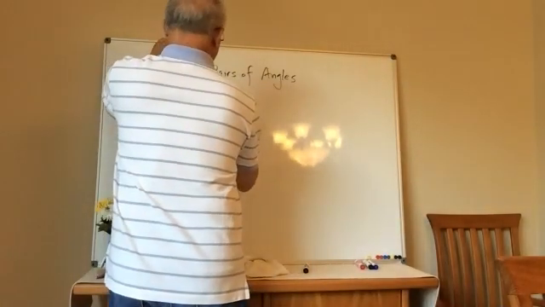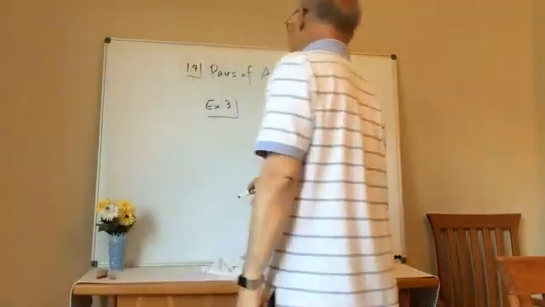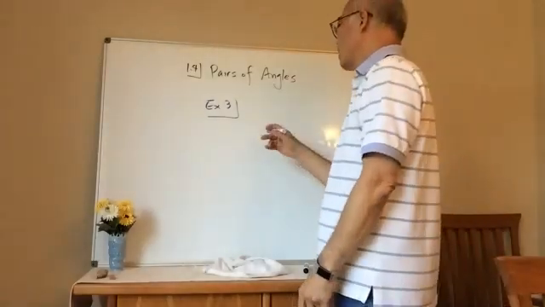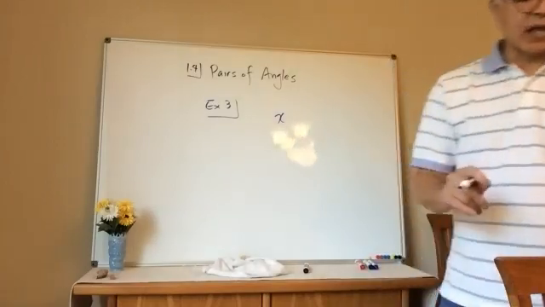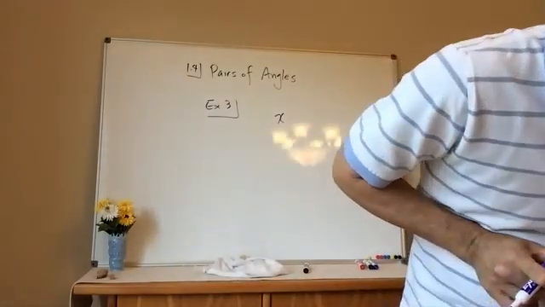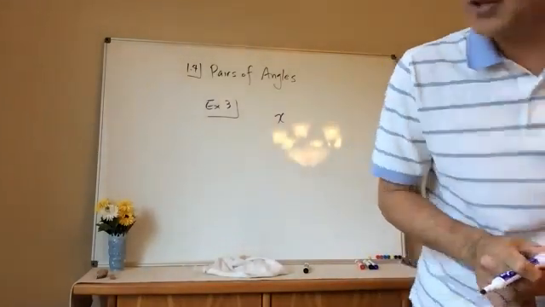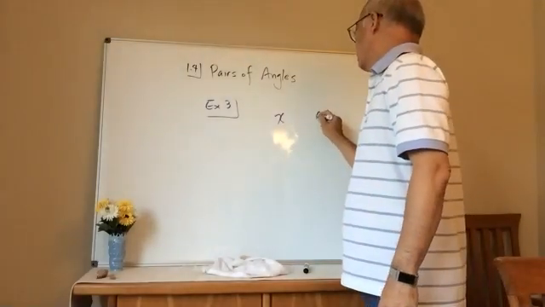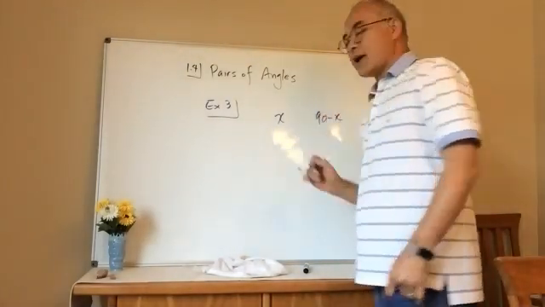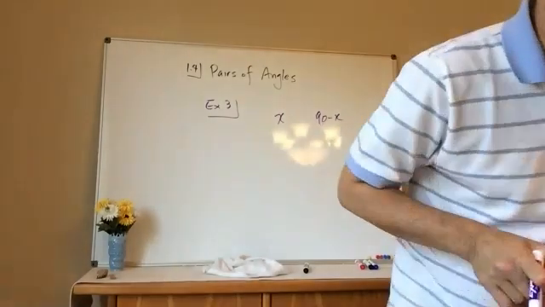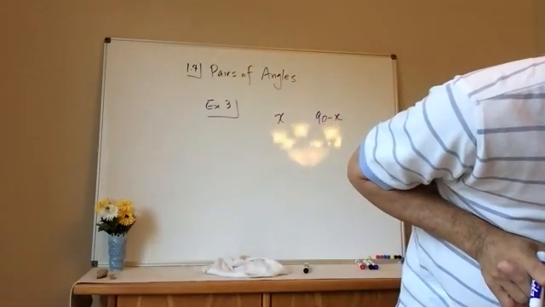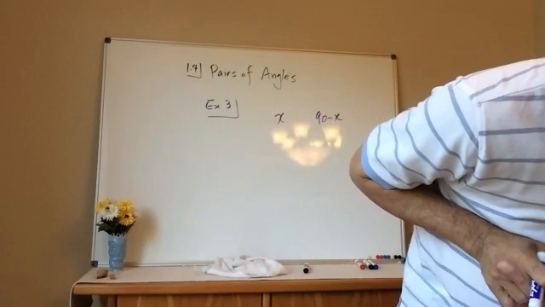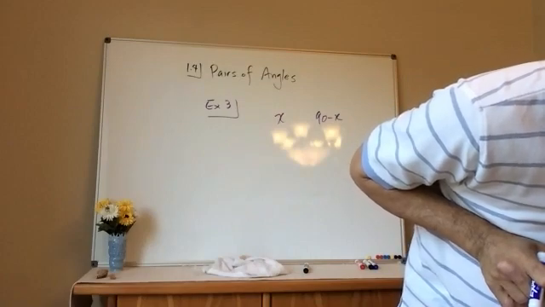If I had, let's say that the angle that I'm looking for is x. So the complementary angle would be what? The complement to this would be 90 minus x, correct? 90 minus x. And so, what does it say? It says the angle measures 3 degrees less than twice the measure of that.